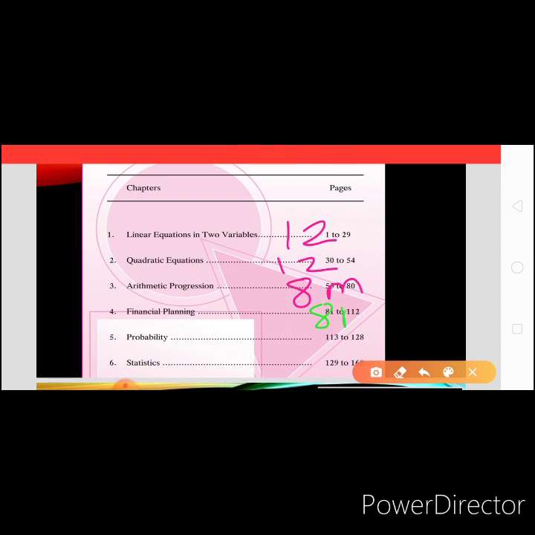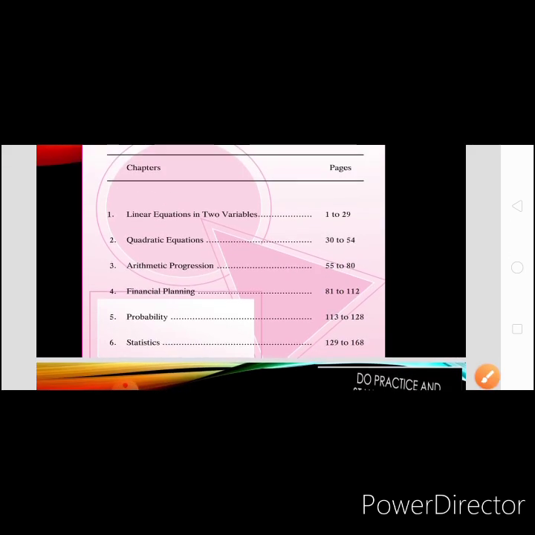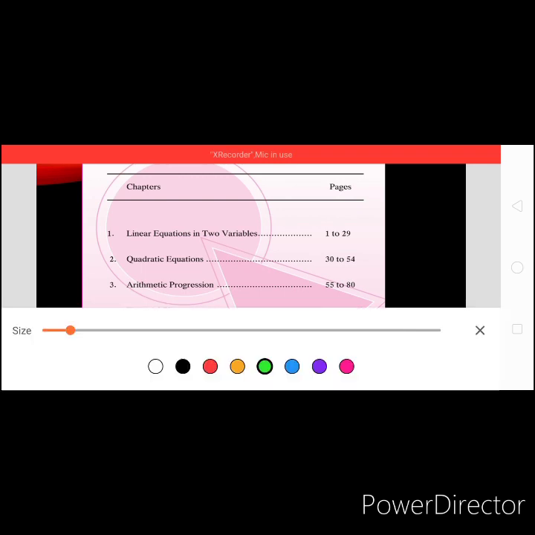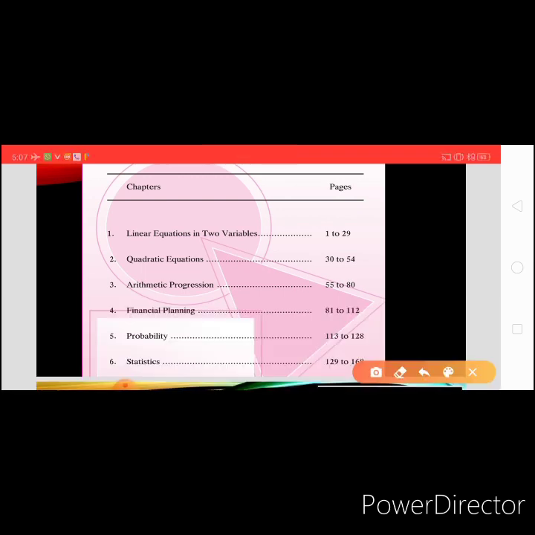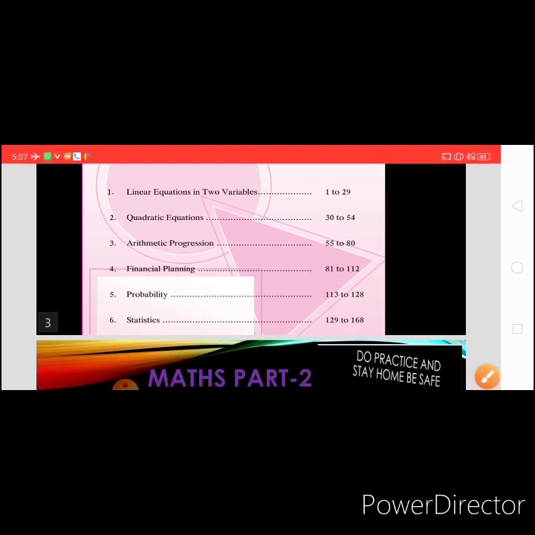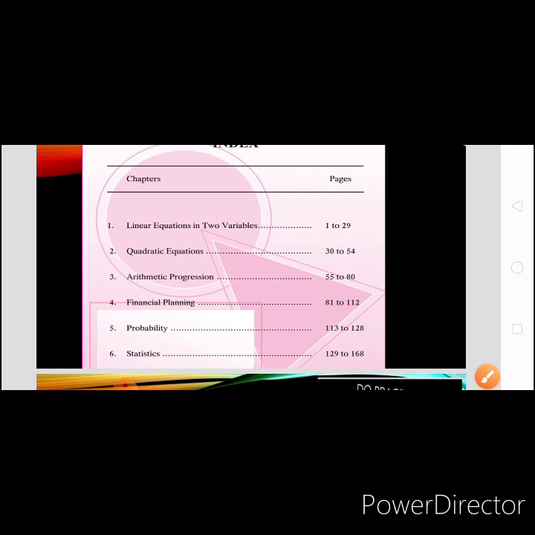Chapter number 5 is probability, and probability also has 8 marks.